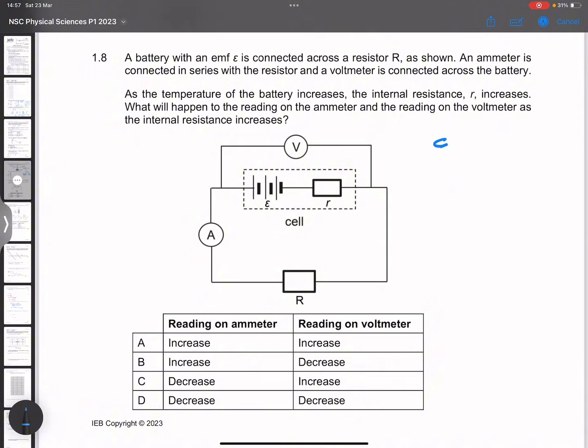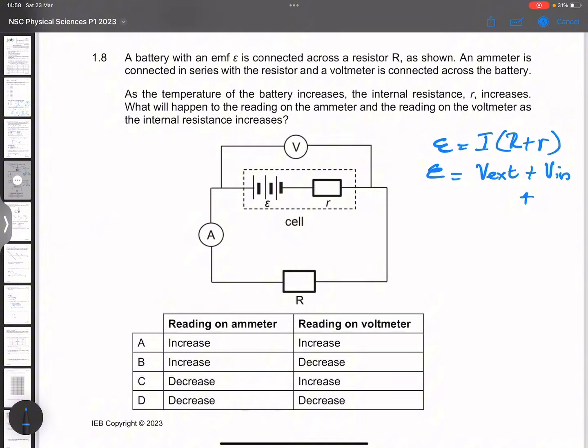Now, remember that EMF is equal to I(R + r), or we can say it's equal to V external plus V internal, right? Now I'm going to take you through something just now. They say to us R internal increases.